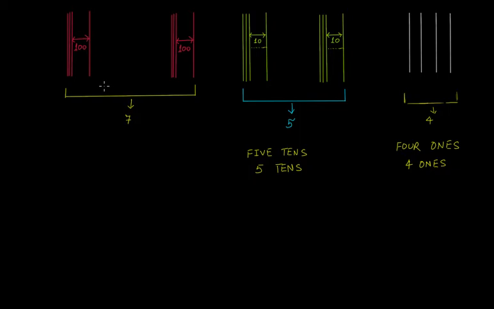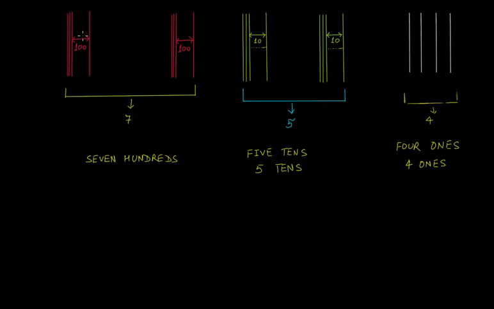In this case, we have one bundle of 100 line segments, and we have such 7 bundles. So this is 7 hundreds. This 7 is telling you about 7 bundles, and this hundreds is telling you about the 100 line segments, right?